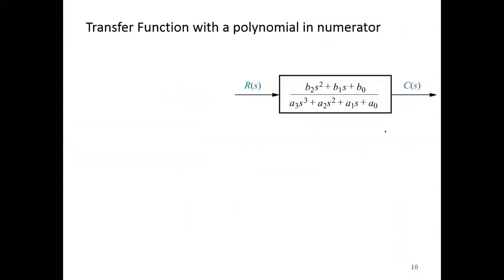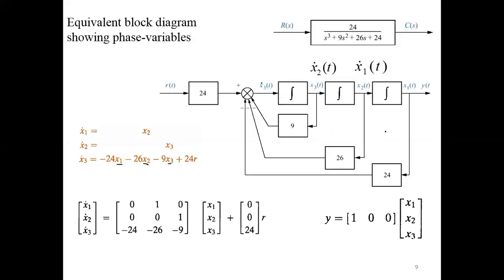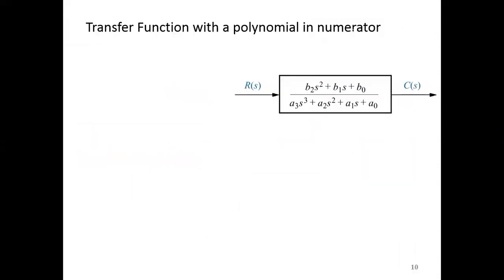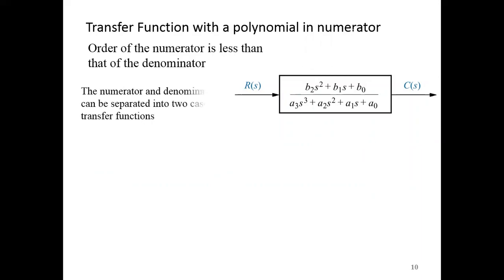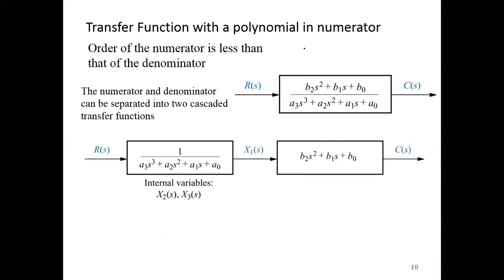Now, transfer function with a polynomial in the numerator. In the previous example, there was only a constant term in the numerator, that was 24. Now if we have a polynomial term in the numerator, with the order of the numerator less than the denominator, the numerator and denominator can be separated into cascaded transfer functions.